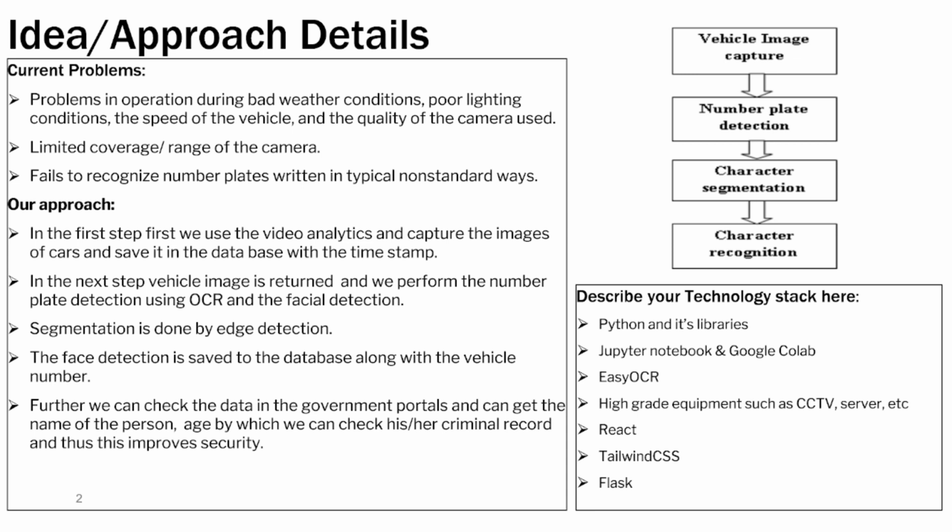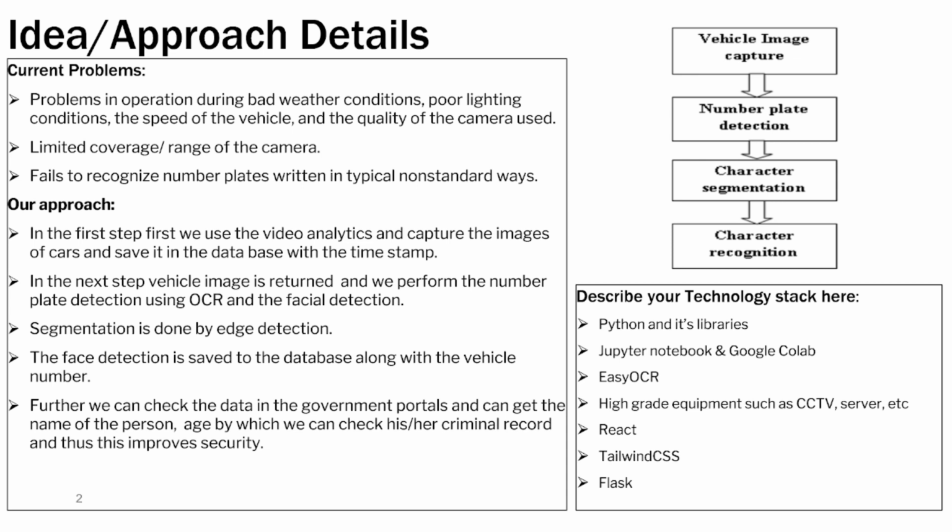The technology stack we are using here is first and foremost Python and its various libraries like OpenCV and scikit-image. We are using Jupyter Notebook and Google Colab to run the Python code. We will use the EasyOCR library to ease the process of optical character recognition in the ANPR system.